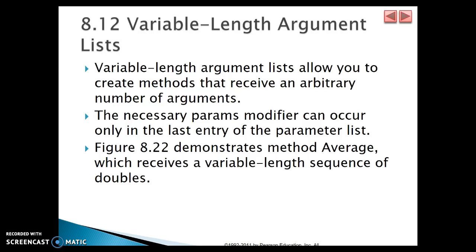Variable length argument lists. When we call a program or a method or function that takes variable length arguments, the best example of this is a lot of programs that you can run from the command line. Either they can take one argument, or more than one argument.